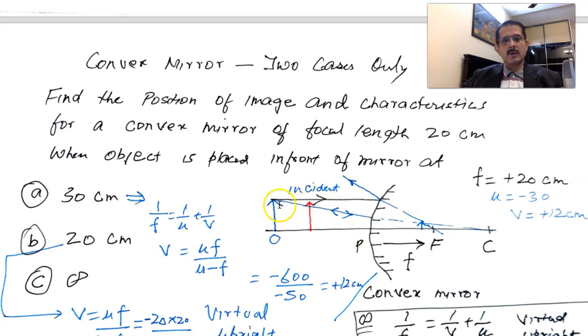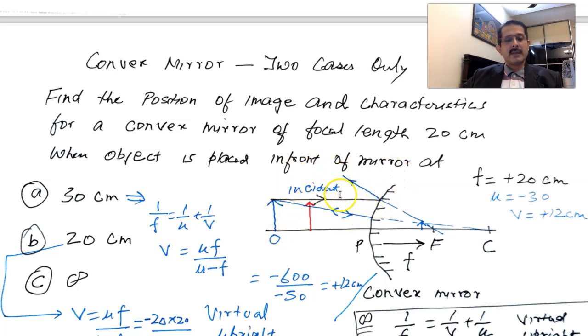One ray would hit the mirror, get deflected, and pass through the focal point on the other side, and the other ray would pass through the center of curvature. This will go back through the same path, and this will get deflected here. It will go this way.